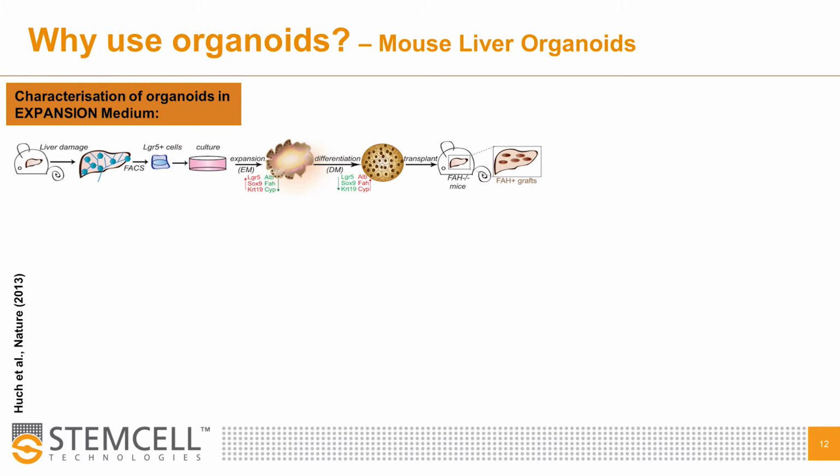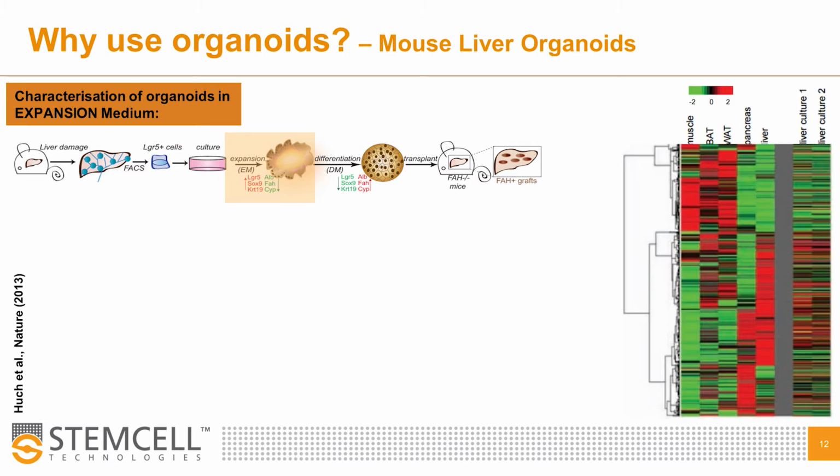To understand the cellular identity of hepatic progenitor organoids cultured in expansion medium, Huch et al. compared the gene expression profile of 2 liver organoid cultures to different tissue types, including the liver. As you can see from this heat map, both liver organoid progenitor cultures clustered more closely with the expression profile of the liver than the other tissue types.